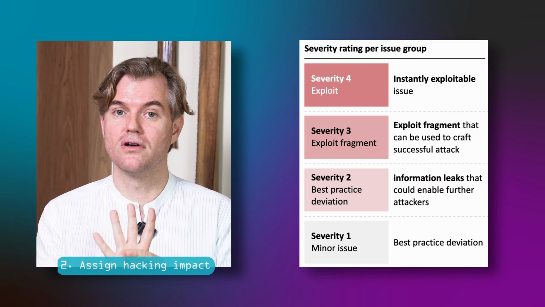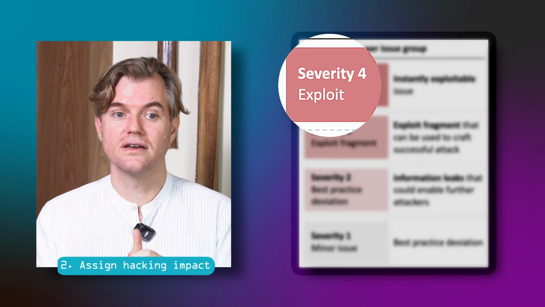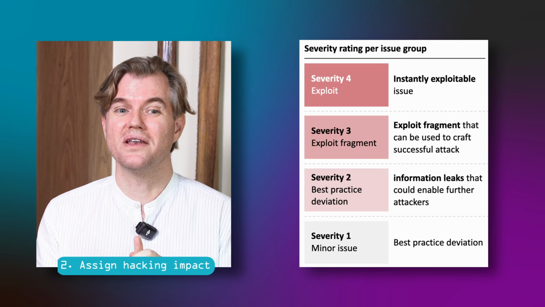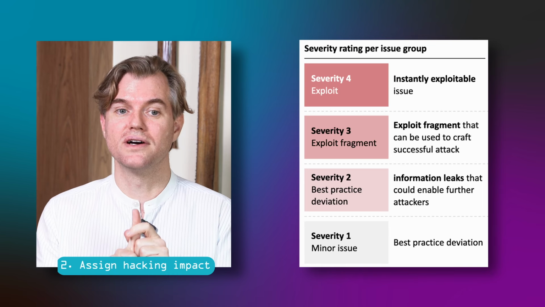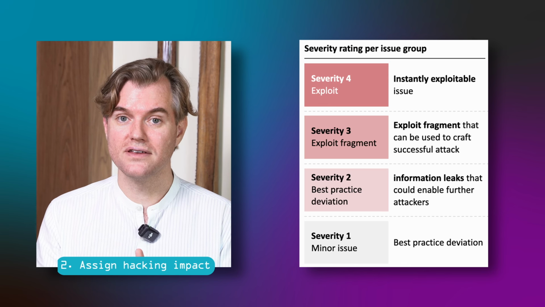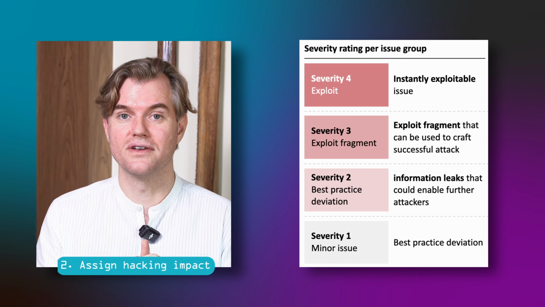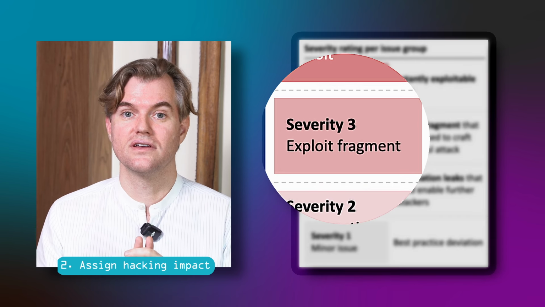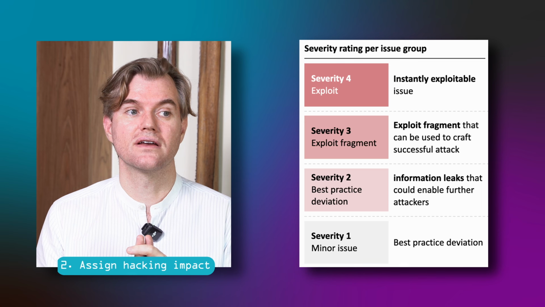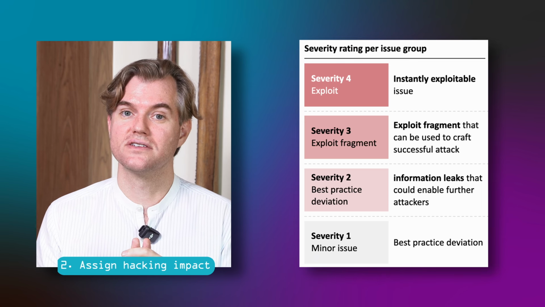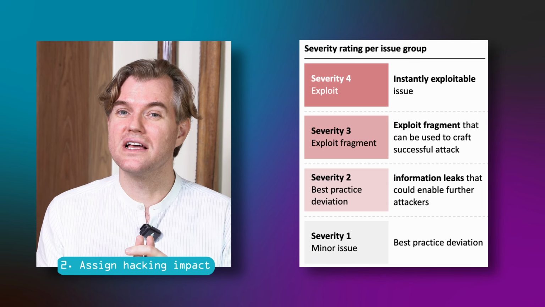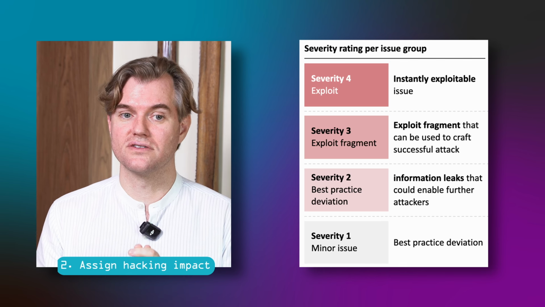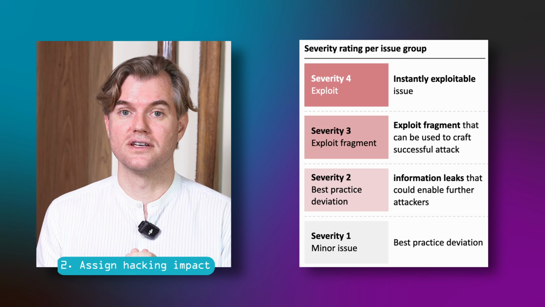We set the 4 levels as follows. The critical level is an immediately exploitable issue. Might not work 100% of the time, but usually if you show this issue to a red teamer, they know how to break into the technology asset. Second severity, the high level, is an exploit fragment, something that, depending on circumstances, is exploitable, but something else needs to happen, generally speaking. A high issue by itself does not give you access to the technology asset.